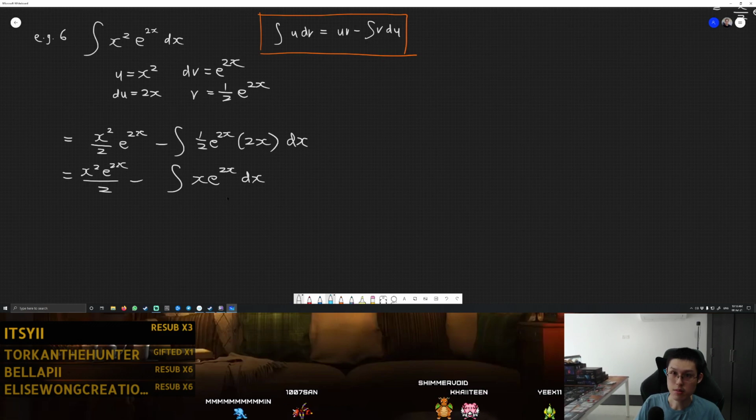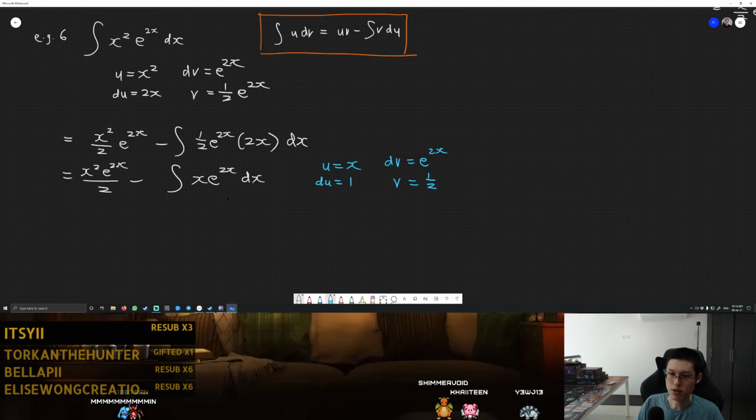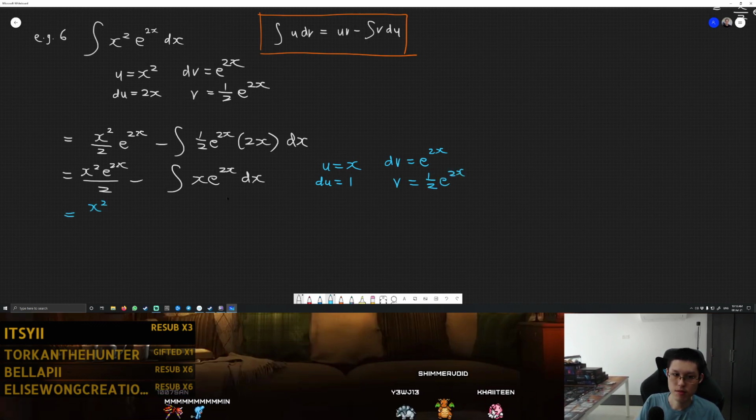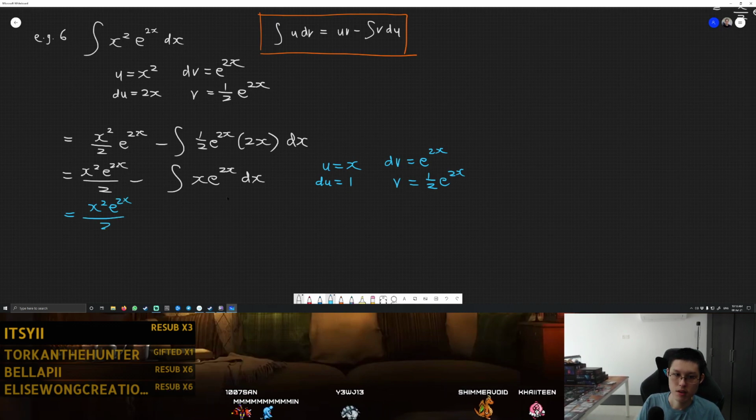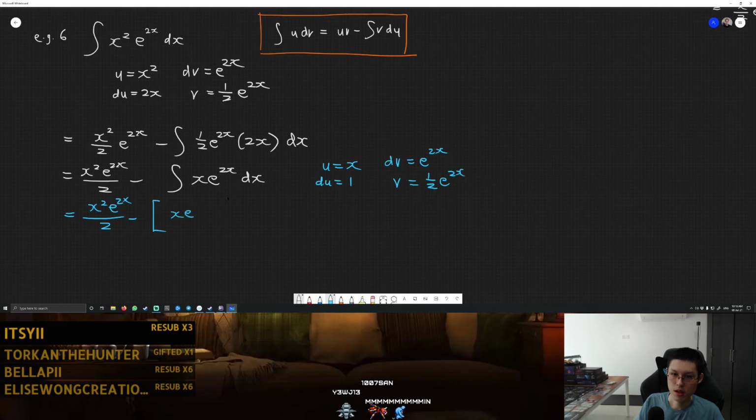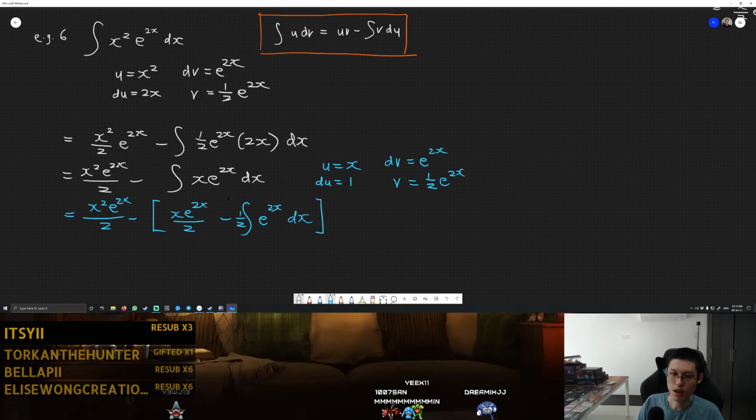I'm going to say u equals x. So du is 1. dv equals e^(2x). And then v equals 1 over 2 e^(2x). And then we continue again. So uv is x e^(2x) over 2 minus v du. v is half e^(2x), du is 1, and there we go.